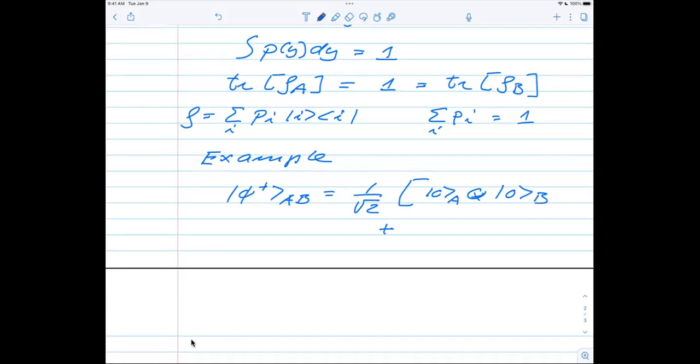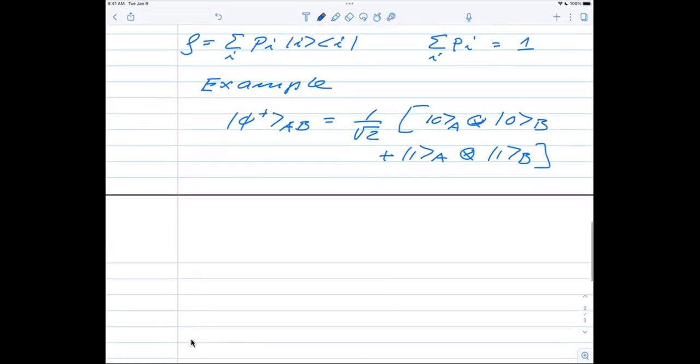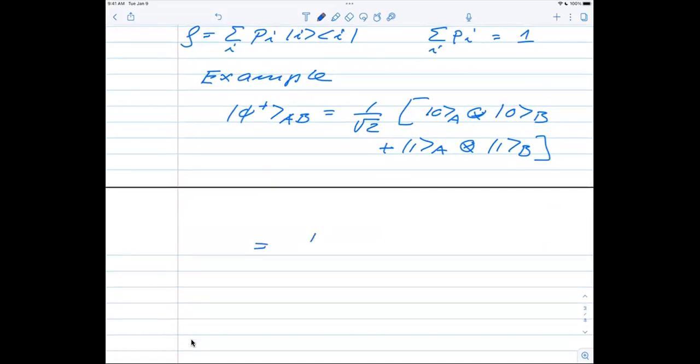They are in a superposition of the states 0 and 1. So we have 1 of A tensor product 1 of B, which we wrote in a more compact way as 1 over square root of 2, then 0, 0 plus 1, 1.